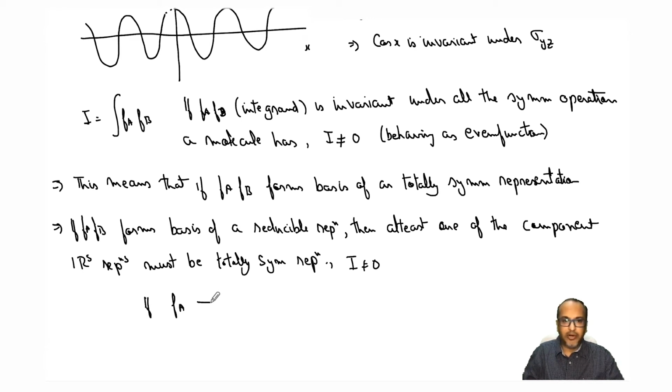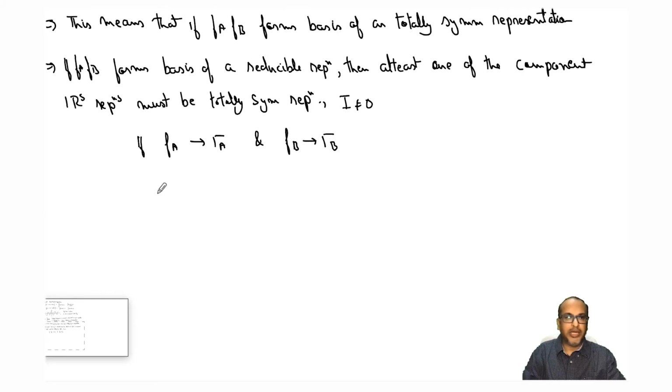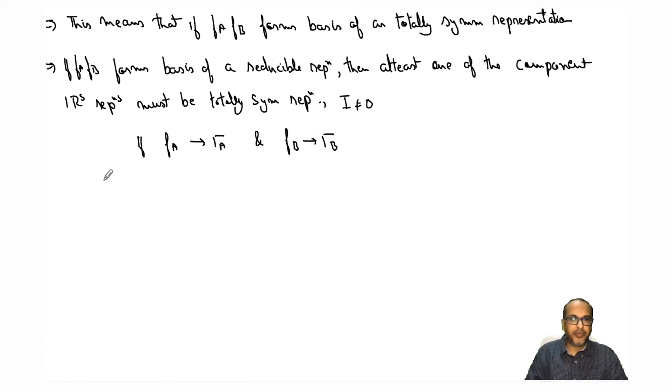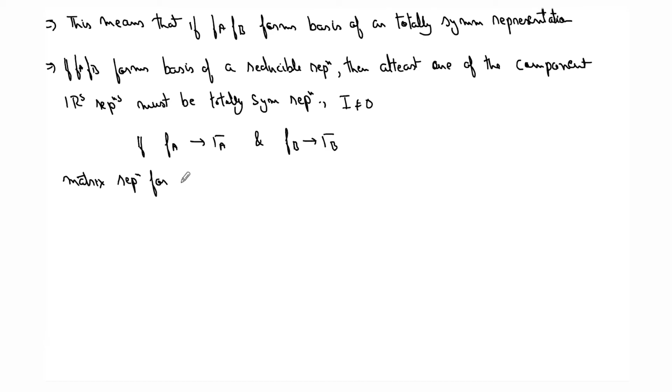FA forms the basis of tau A and FB forms the basis of tau B, right? So in that case, the matrix representation for FAFB will be given by tau A direct product tau B, right?